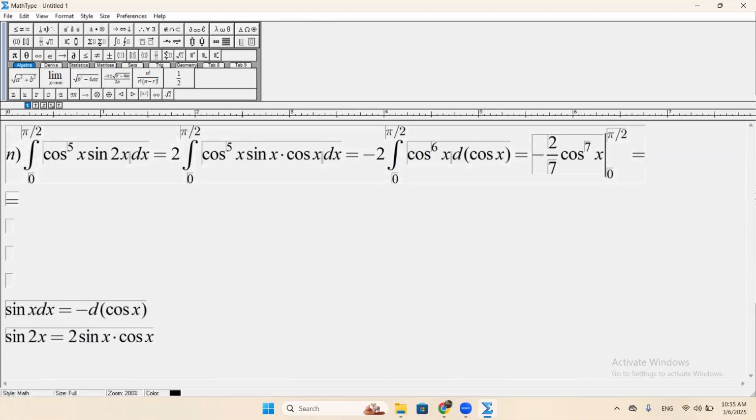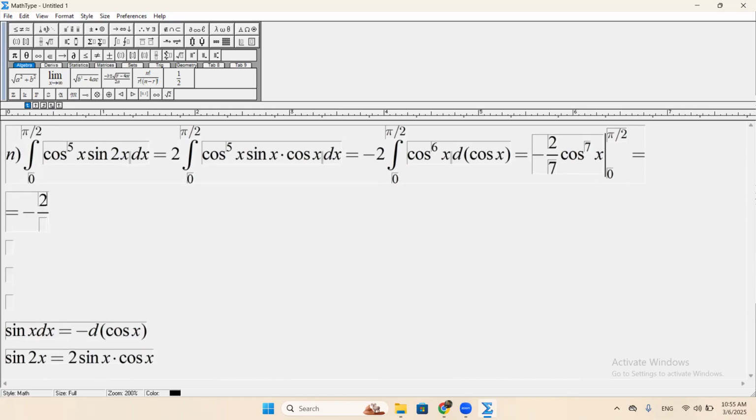Cosine of pi over 2 is 0, so 0 minus 1. Cosine of 0 is always 1. So it equals 2 over 7.